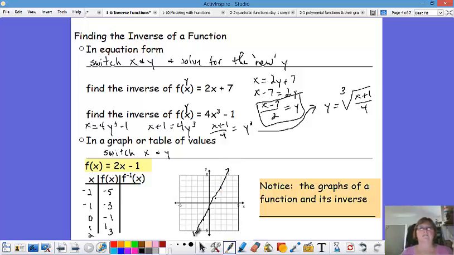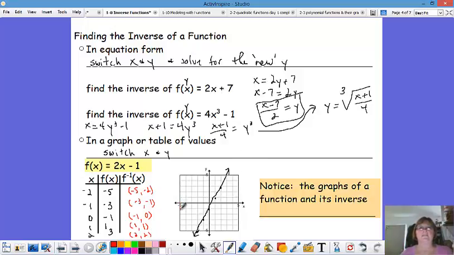Now, according to my rule, to get the inverse, we switch x and y. So to graph f inverse, the points that we'll want are negative 5 and negative 2, negative 3, negative 1, negative 1 and 0, 1 and 1, that point is on both the function and its inverse, and then 3 and 2. And let's see what we get there.